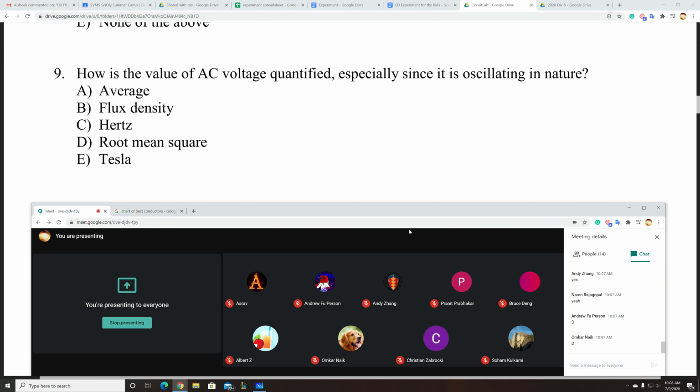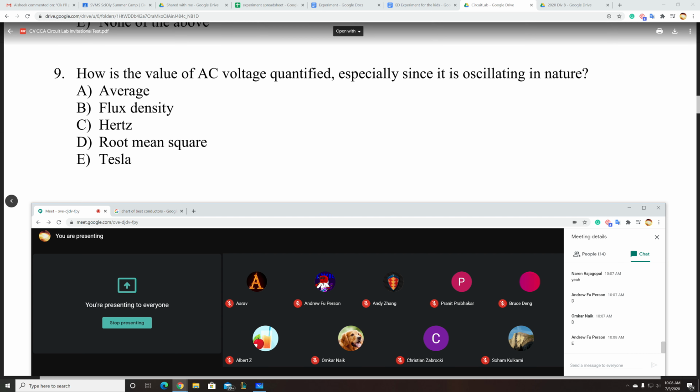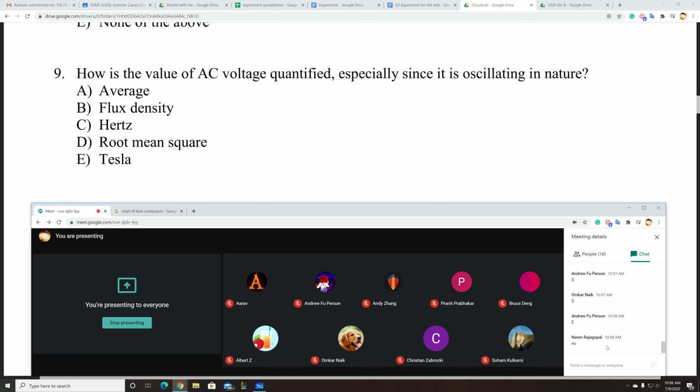AC voltage is quantified, especially if it's oscillating in nature. Do you guys know this question? This actually might be something you guys probably won't know though.